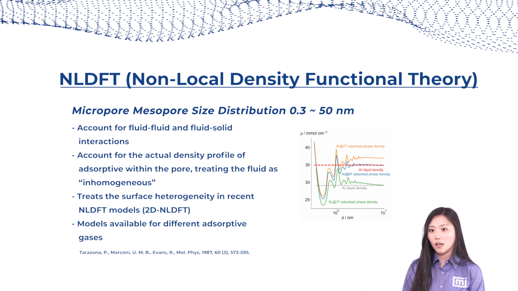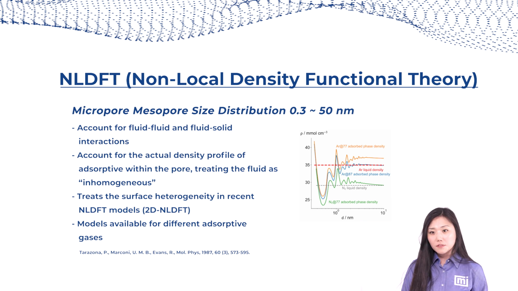And the gray dotted line is the bulk density of the liquid nitrogen that are used in the classical models for pore size calculations. We can immediately see that the density of the liquid adsorbate depends heavily on the size of the pores, being significantly lower than the bulk density under 10 nanometers of the pore size.